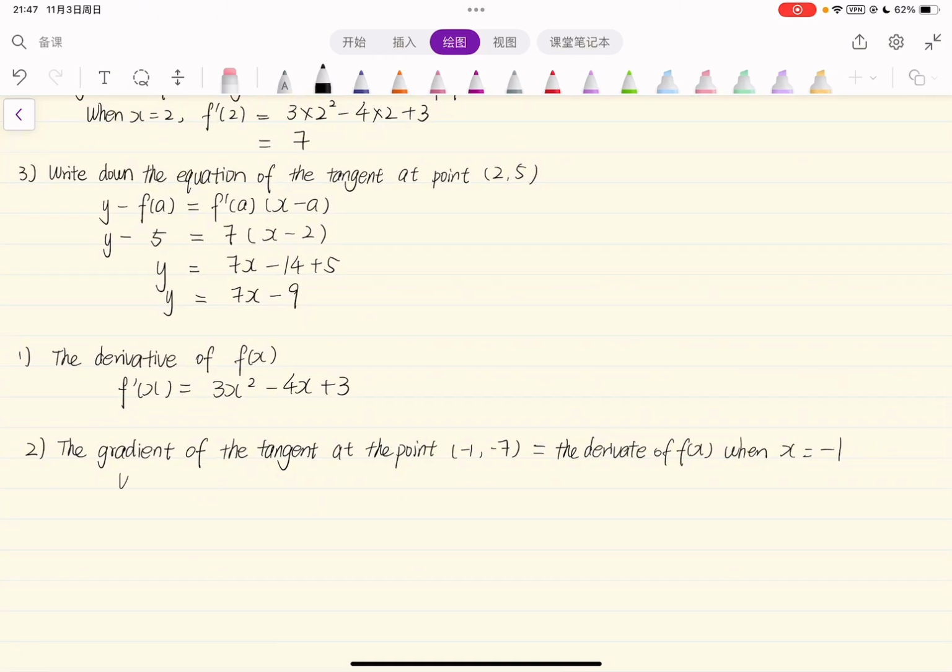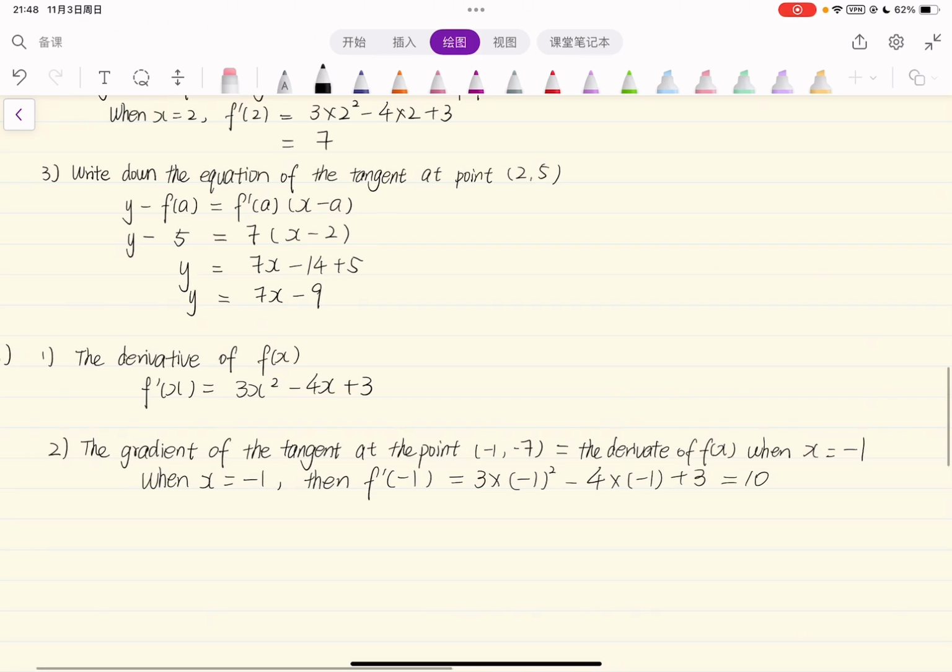So we write down, when x equals -1, then f dash -1 equals 3 times (-1) to the power of 2 minus 4 times -1 plus 3. That equals 10. In this case, we can find the gradient of the normal at the point (-1, -7).